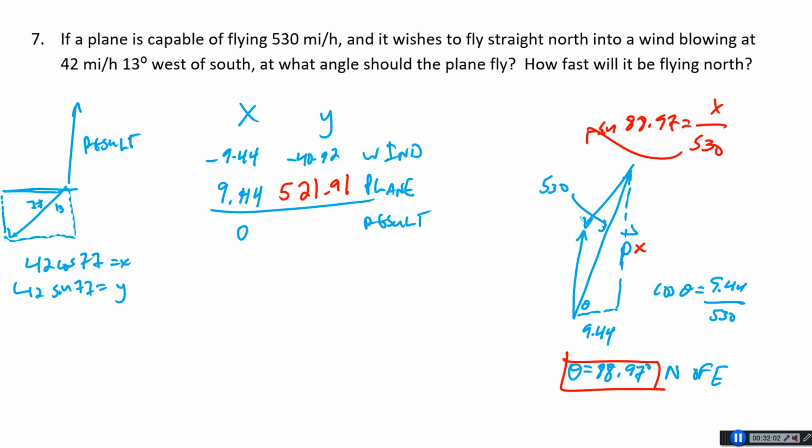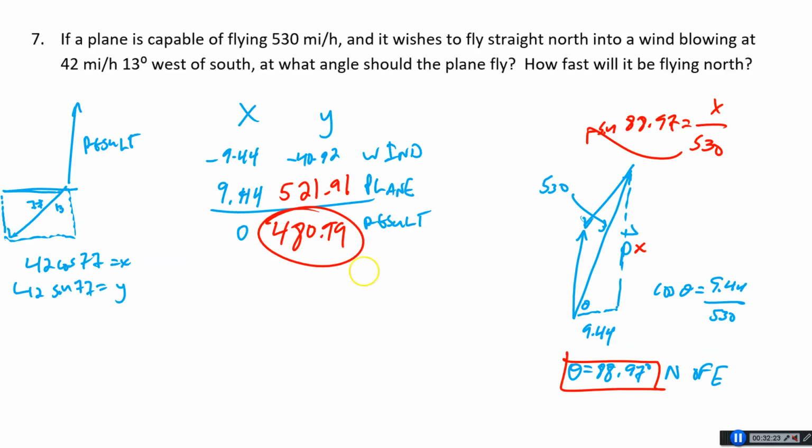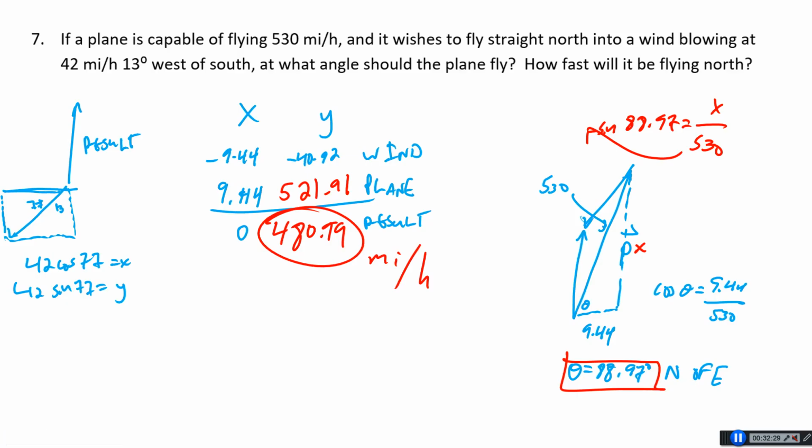If I take negative 40.92 and add to that 521.91, that gives me 480.99. And that is how fast the plane is going north. One more time: 480.99 miles per hour is how fast the plane is flying north.